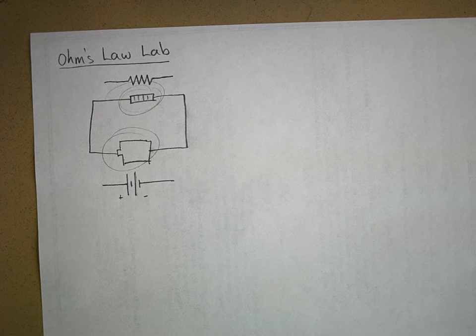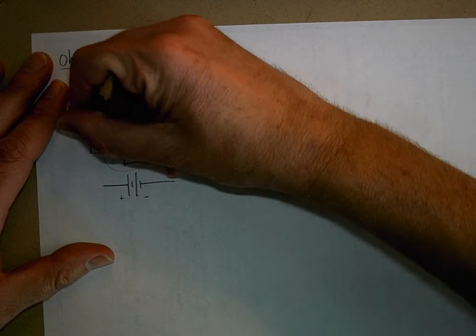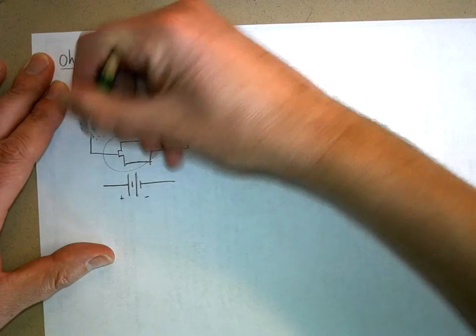Now there is another symbol I'm going to show you that's not part of this. What if I didn't want the current to flow? I mean, when you don't want current to flow, you can open up the circuit like this. Let me just erase part of the wire.